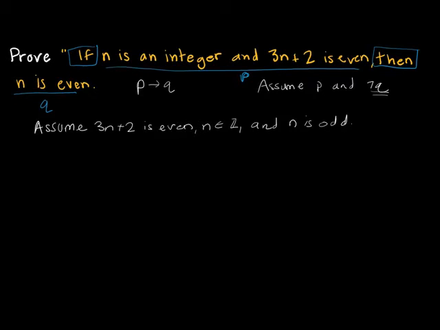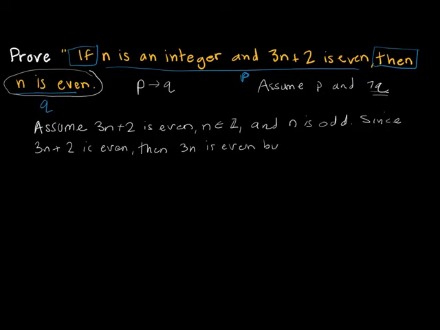Again, then you might be thinking, what do I do next? Well, what we do next is we think about what we have and where we're headed. So again, we're trying to show something to do with the parity of P and Q, whether P is even or odd, Q is even or odd, etc. So I'm going to start by saying, since 3n plus 2 is even, then 3n is even by subtraction of two even integers.